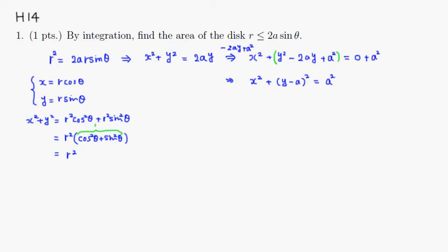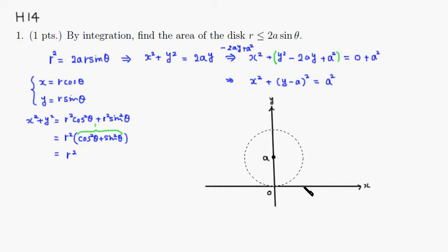Let's sketch the picture. Here's the x-axis and here's the y-axis. Then I'm going to label it: this is the y-axis, this is our x-axis, and this is the origin. The center is 0 comma a, so I'm going to put the center right here at a. Let's draw a circle centered here with radius a.